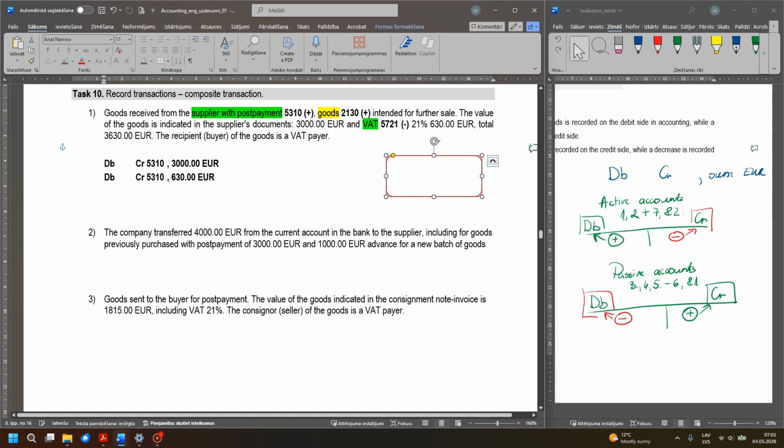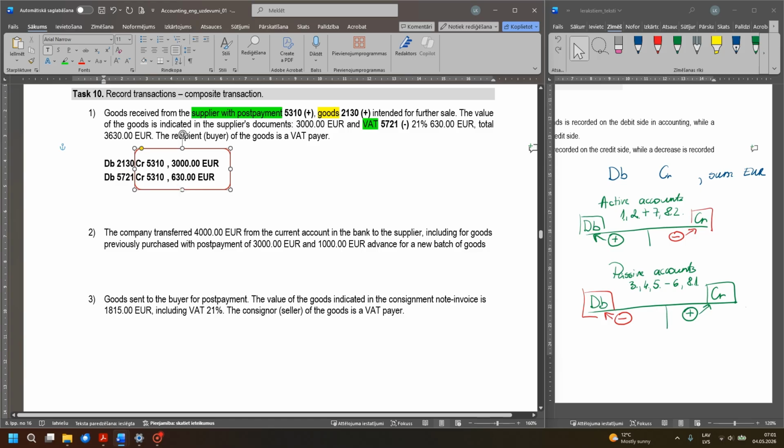And now I will put in the debit side. What is 3,000? 3,000 is the value of the goods I get. So then in the debit side, I will put 2130. And what is 630? It's a value added tax, and the account for the value added tax is 5721.